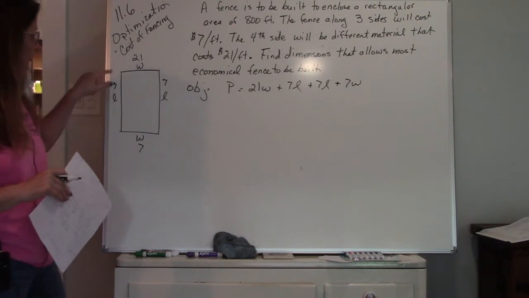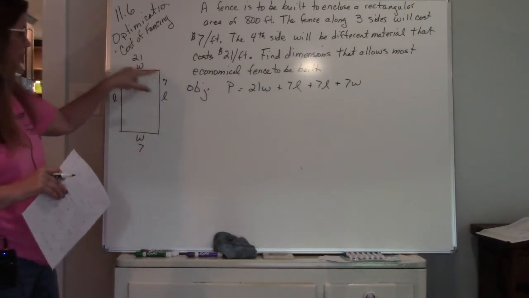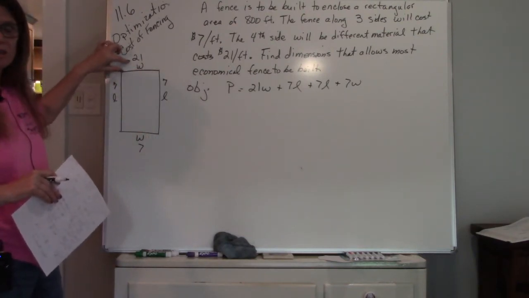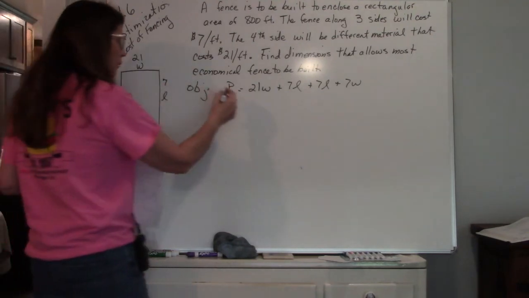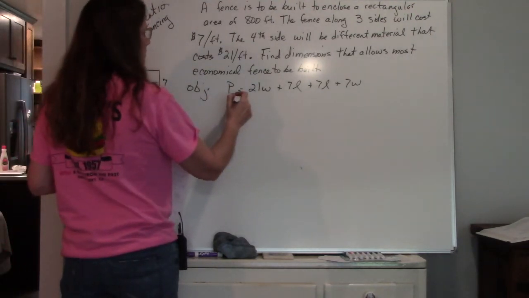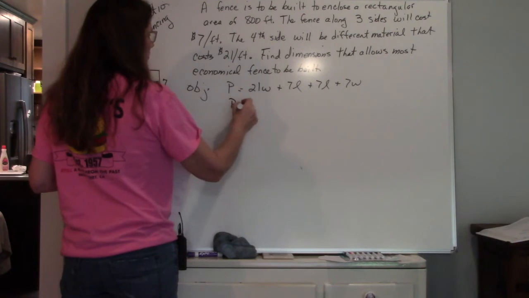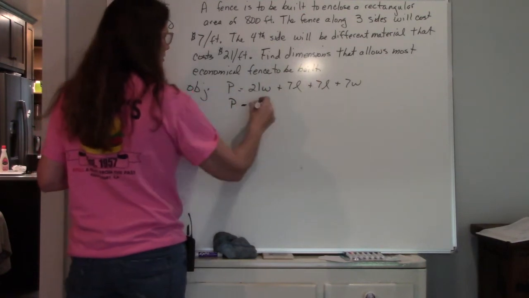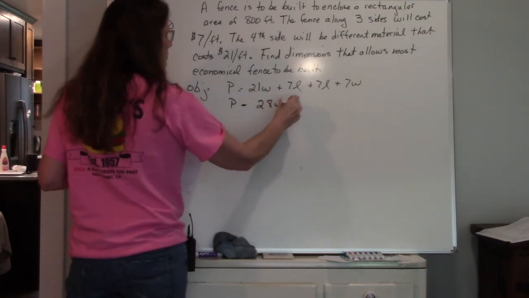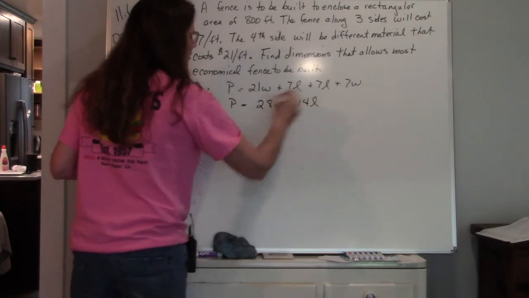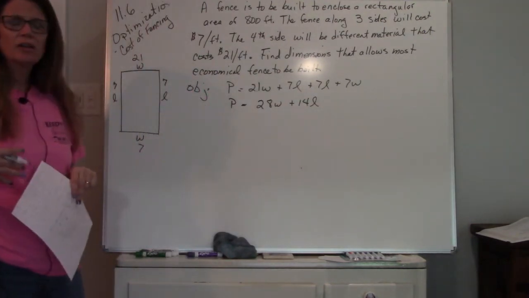So really all we're doing is we're just adding up the perimeter based on the cost of each side. And now we are going to add like terms. So our perimeter is going to be 21 plus 7, which is 28 width, plus 14 length. Okay, that is our objective.